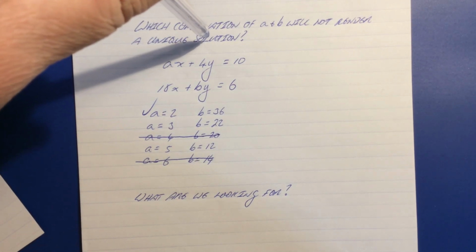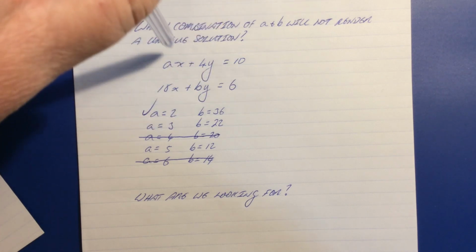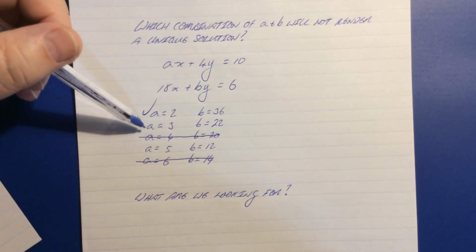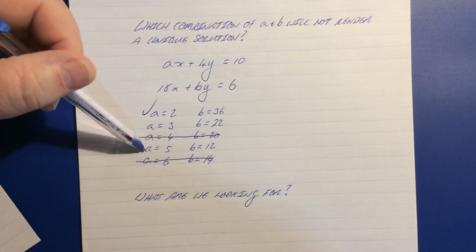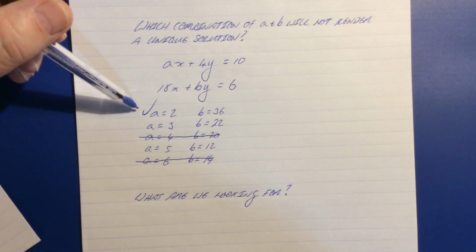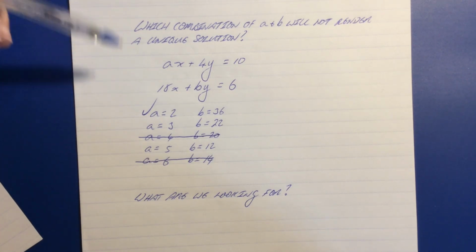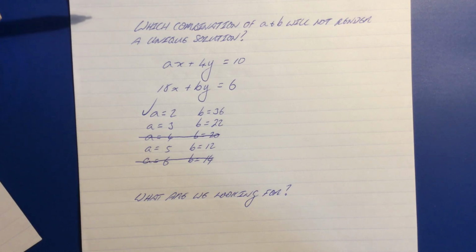Does not render a unique solution. So given the wording of the problem, I think that we can fairly dismiss these. And as I say, when you look at the header for this, you can see that it was pulled from a somewhat antiquated exam that was referred to me, which I'm grateful for.